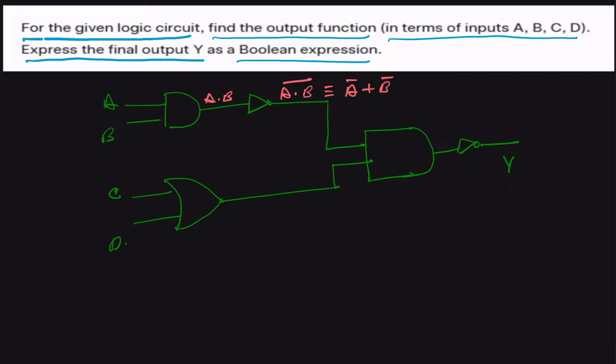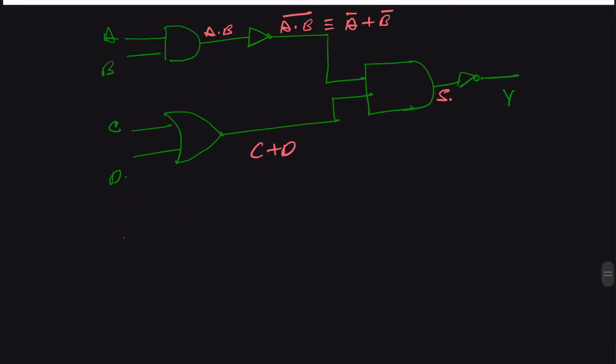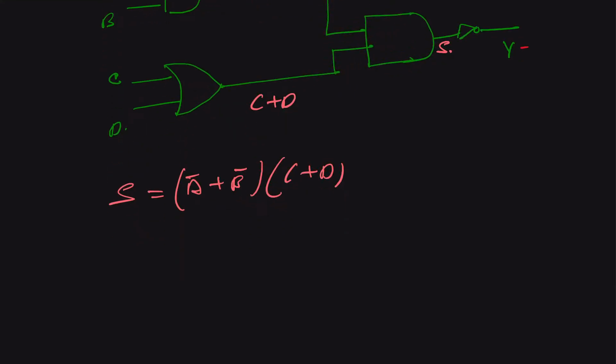And then we have our C and D. This is our OR gate, so this will be C plus D, and let us put this over S. So S will be equal to A complement plus B complement, multiplied by C plus D, and our Y is our S complement.